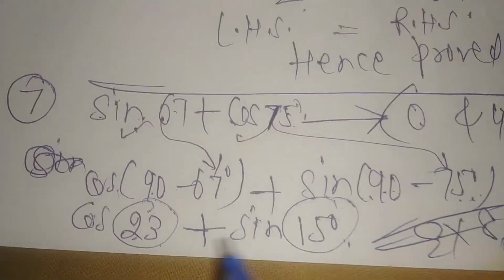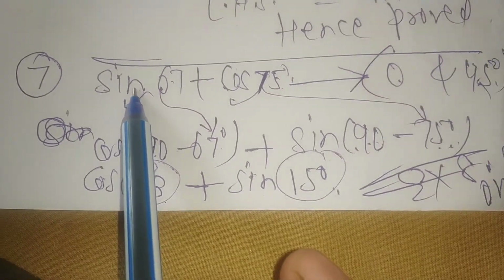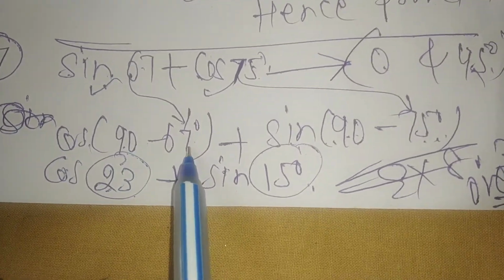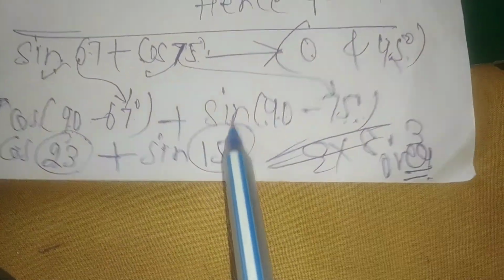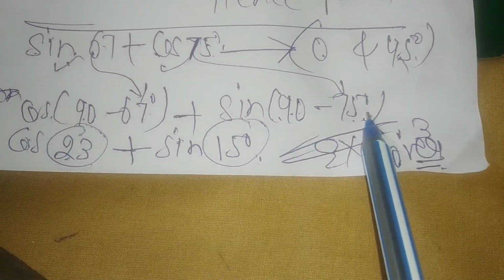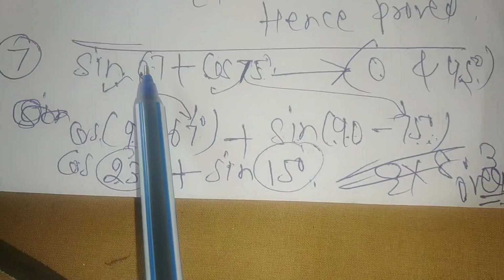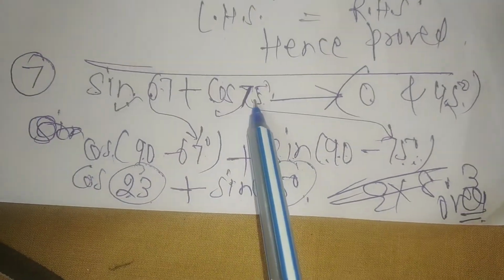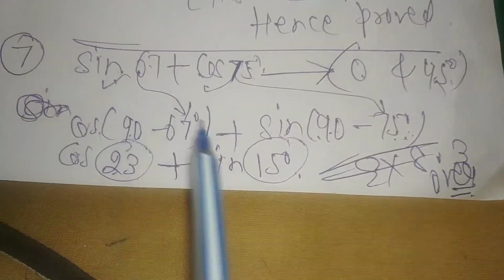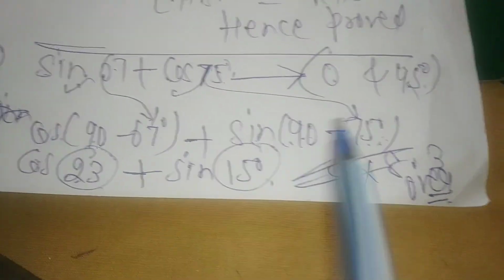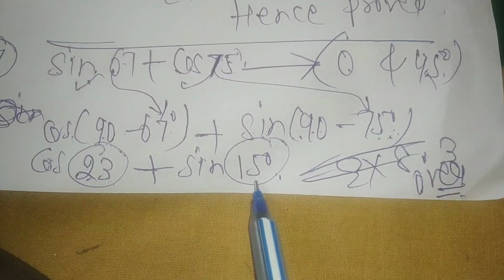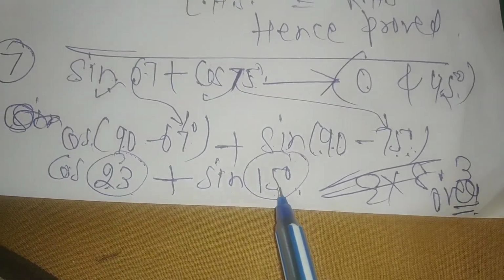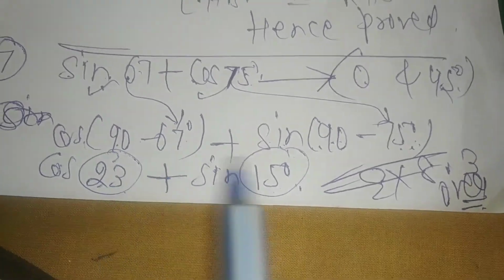We will apply the formula sine theta equals cos 90 minus theta, right? and cos theta equals sine 90 minus theta. So I will apply the formula in both the quantities. So 90 minus 67 will be 23 and 90 minus 75 will be 15. So let's see that the 23 and 15, both angles are between 0 and 45.